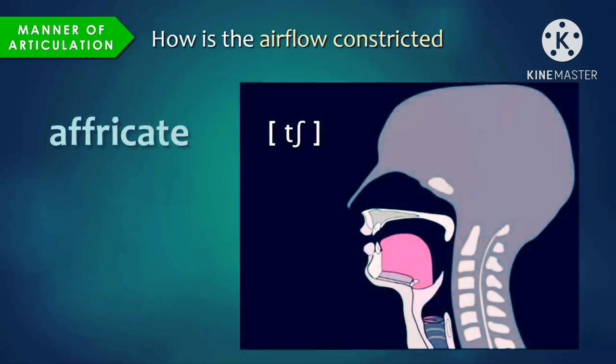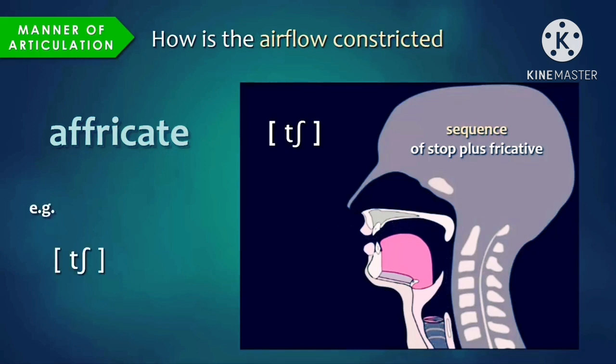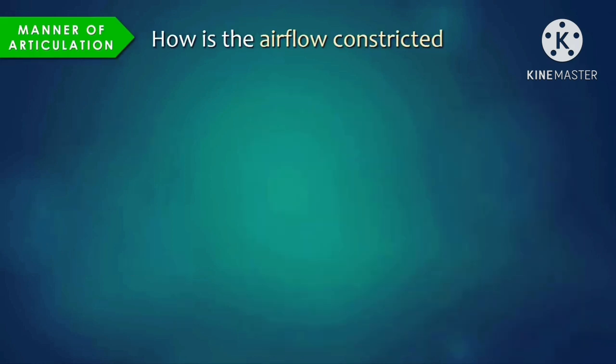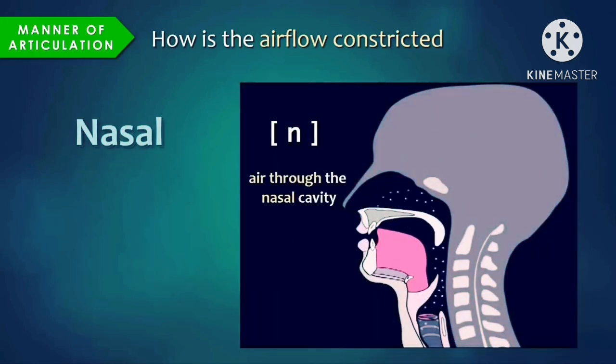Affricate results from a sequence of stop plus fricative in rapid succession. So the affricate ch represents t plus sh, just as the affricate j results from d plus zh. Nasal sounds are produced when the velum is lowered, allowing the air to pass through the nasal cavity.